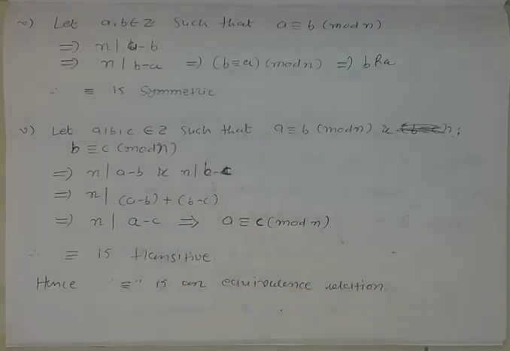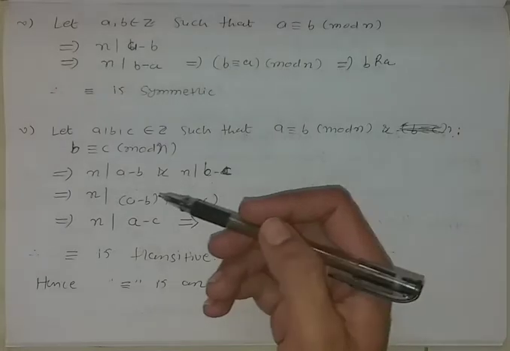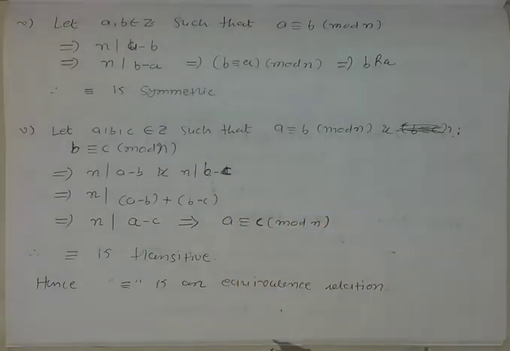If we are given two numbers and both are divisible by 5, then their sum is also divisible by 5. If you consider 10 and 15, then 10 is divisible by 5 as well as 15 is divisible by 5, then 10 plus 15 equal to 25 is also again divisible by 5.